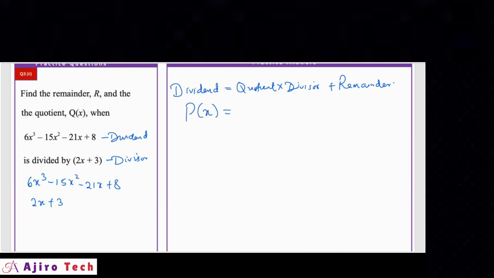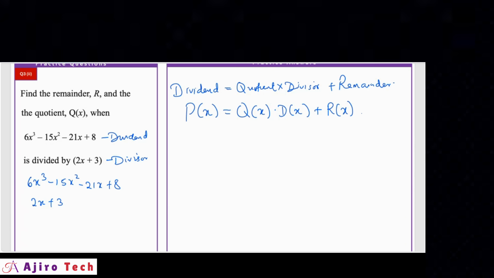Okay, so we say this is q of x multiplied by the divisor, then plus the remainder. So here the divisor is 2x plus 3, the dividend is 6x cubed minus 15x squared minus 21x plus 8. So we have to find the quotient and the remainder.